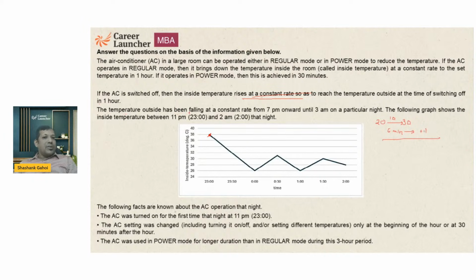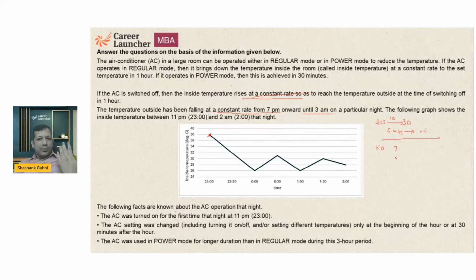The temperature outside has been falling at a constant rate from 7 p.m. until 3 a.m. on a particular night. Fair point. So basically, it is again the same thing: the outside temperature at 7 o'clock was some value, then it came down to some value, then again came down. So let's say at 7 o'clock, the temperature was 50 degrees.